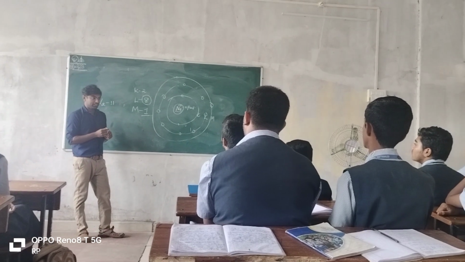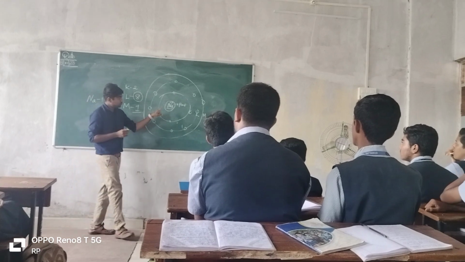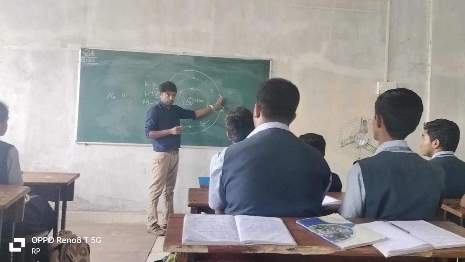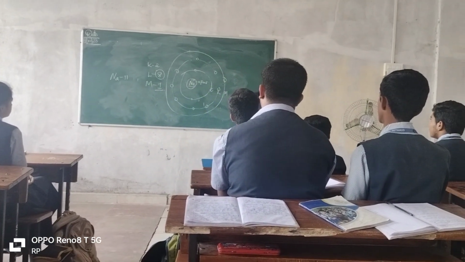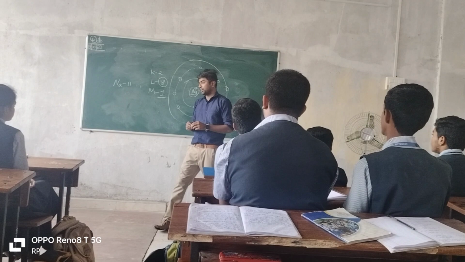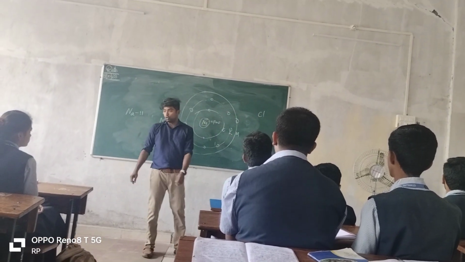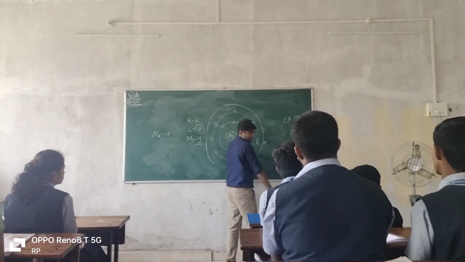What is needed there? So for that, this 1 electron we are keeping here, we will keep this 1 electron over here, and we will consider another element. The other element is chlorine. The atomic number of chlorine is 17, correct now?